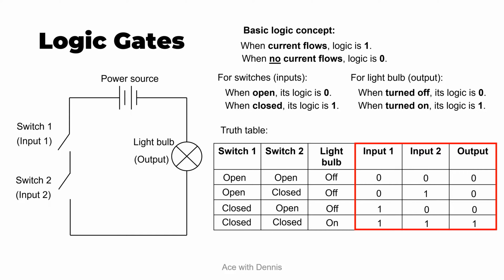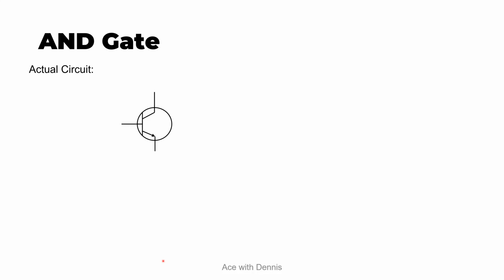AND gate. So here is the actual circuit of an AND gate. An AND gate consists of two transistors connected in series. So the collector terminal of the first transistor is connected to the power supply VCC. And this is the input A, this is the input B, which are connected to the base terminal of each transistor here.